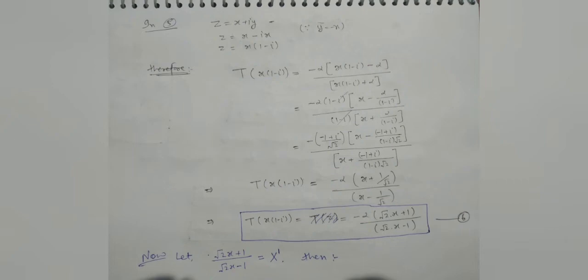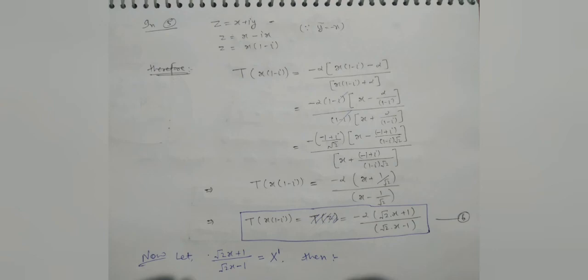Therefore T of x into (1 minus i) is equal to minus alpha into (x into (1 minus i) minus alpha) upon (x into (1 minus i) plus alpha). Solve this and we get T of x into (1 minus i) is equal to minus alpha into (under root 2 x plus 1) upon (under root 2 into x minus 1).